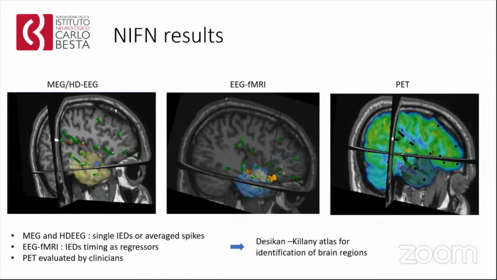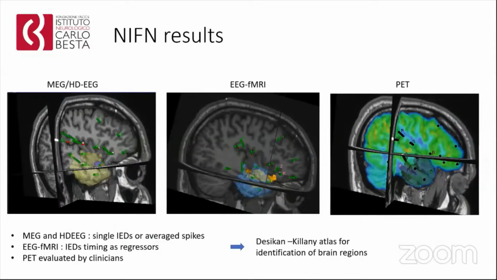As you can see, I'm showing what we studied for each of the techniques. For the MEG and EEG, we studied the localizations of the interictal epileptic discharges, or average spikes, or localizations of the rhythm abnormalities. For the EEG-fMRI, we used the IED timing as a regressor to try to find the localization of the spikes.